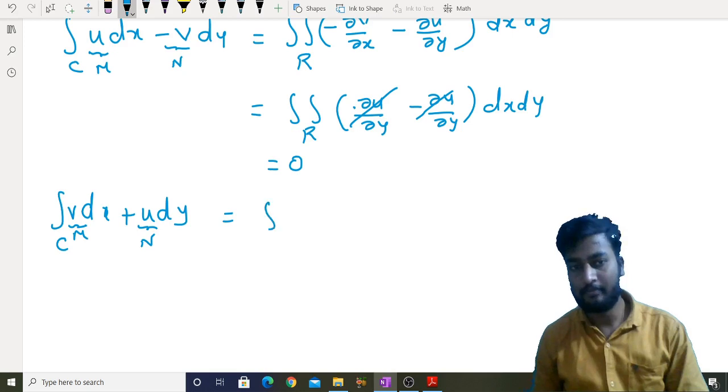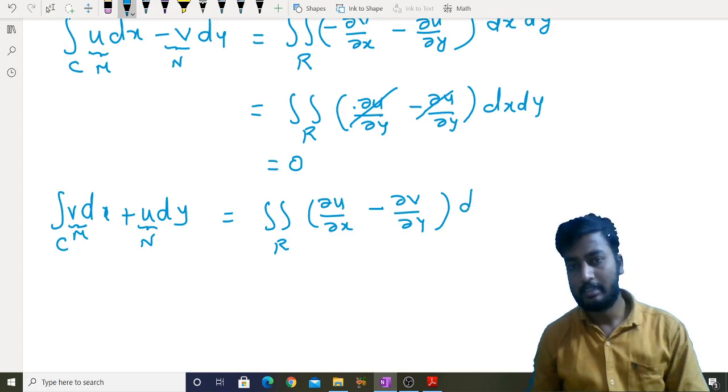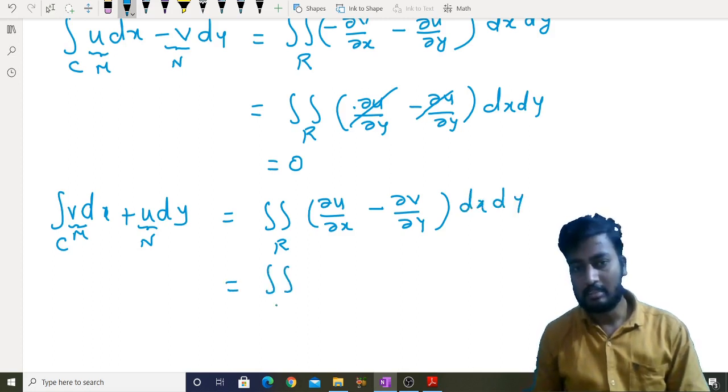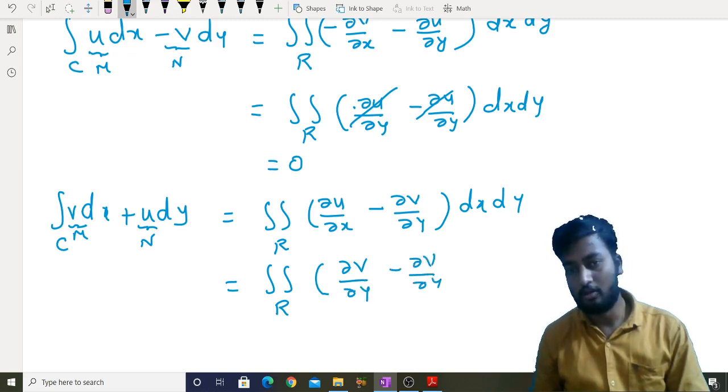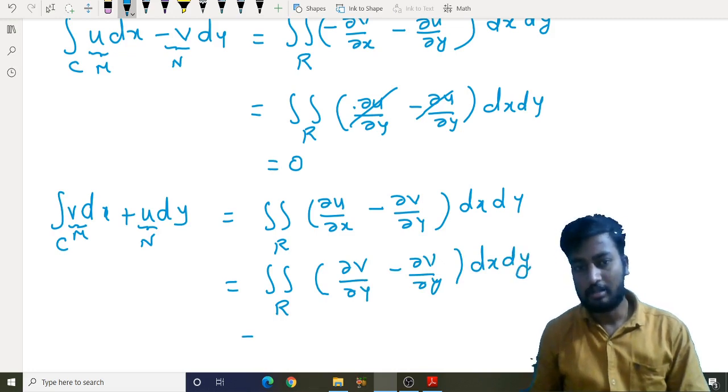By Green's theorem you write it as dou n by dou x, that means dou u by dou x, minus dou m by dou y, that means dou u by dou y, dx dy. Again, since f is analytic, it satisfies the CR equation. So dou u by dou x can be written as dou v by dou y, minus dou v by dou y, dx dy. So this is also 0 now.